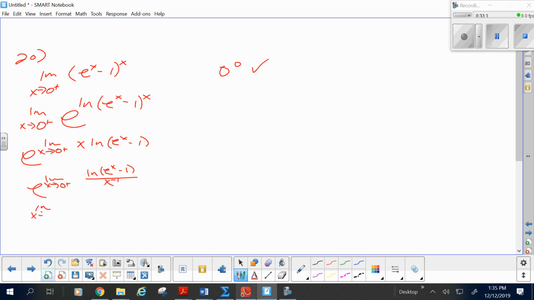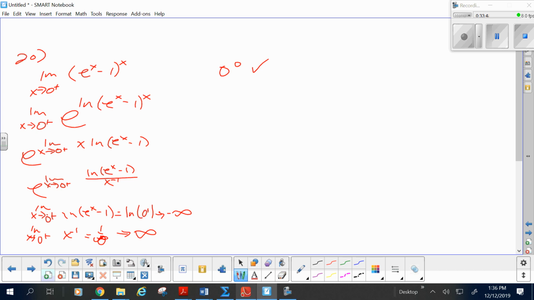Limit as x goes to 0 of log of e to the x minus 1 is 0. Why did all of a sudden I transition into infinity? Sorry about that. Okay, that's log of, so e to the 0 is 1, log of 0 approaches negative infinity, okay? X going to 0 from the positive side, 1 over x, 1 over 0 goes to infinity.